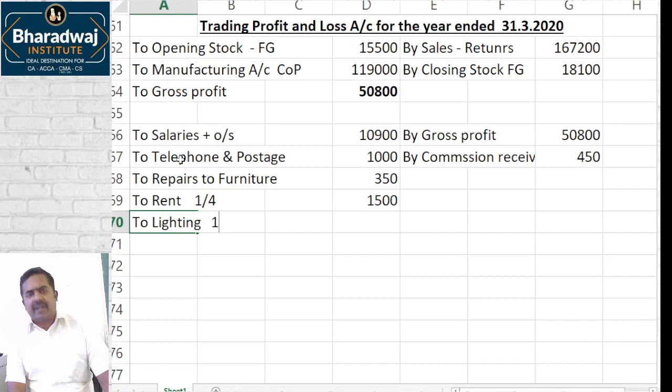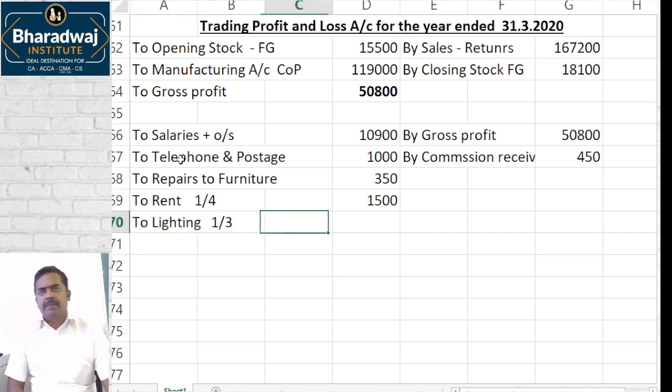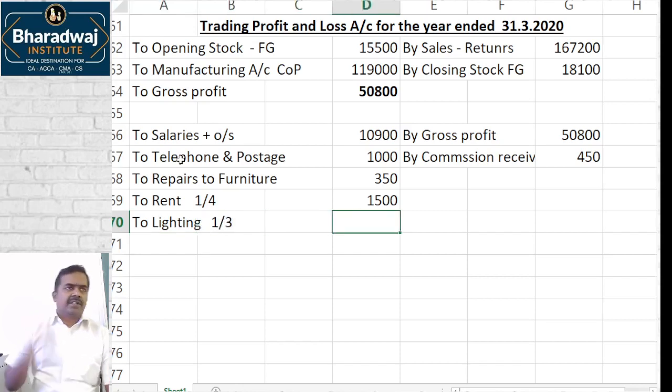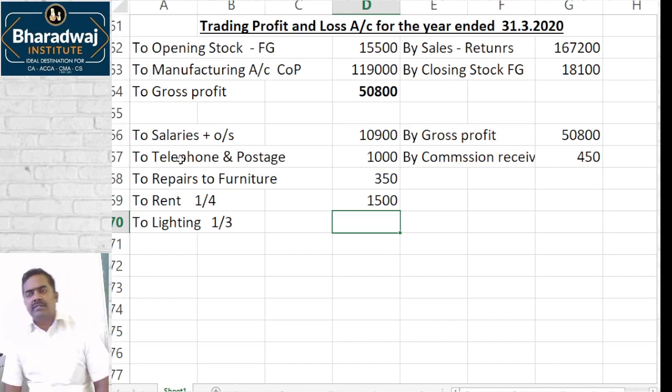Then lighting. 2/3 was put in the factory, the balance 1/3 will come in the P&L account. Lighting consumed for production comes in the manufacturing account. The remaining will come in the P&L account. 1/3 of lighting, 1/3 of 1,350.